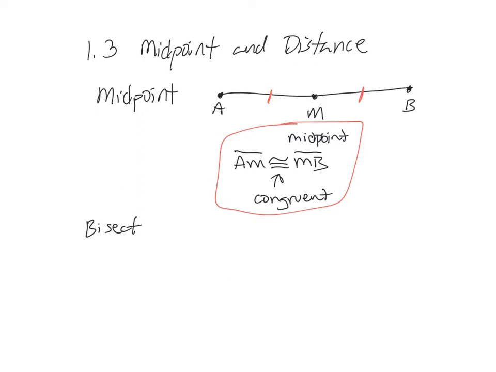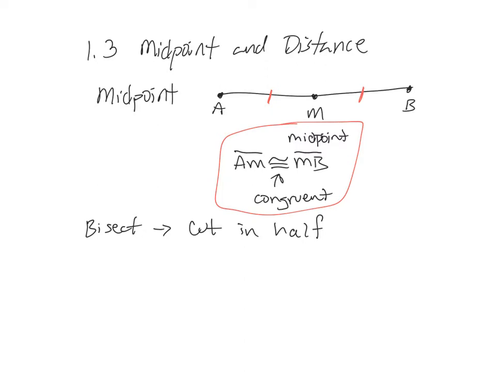There's a formal definition in the book, but what I want you to remember when you see the word bisect or something is a bisector, cuts in half. One of these days I'm going to get better at writing. Cuts in half. So if something was 12, it gets cut in half, it's 6 and 6.